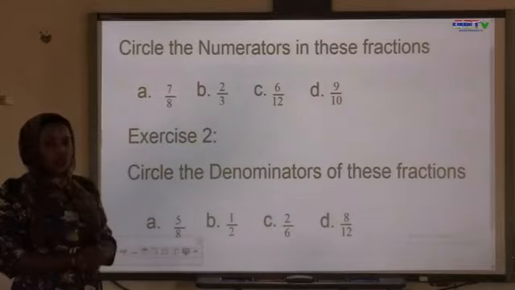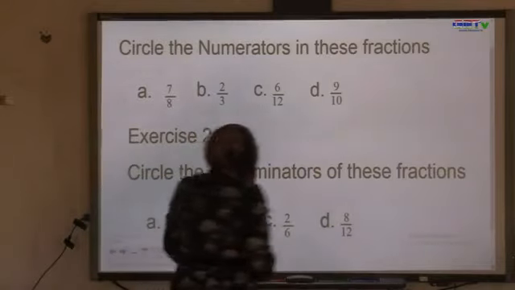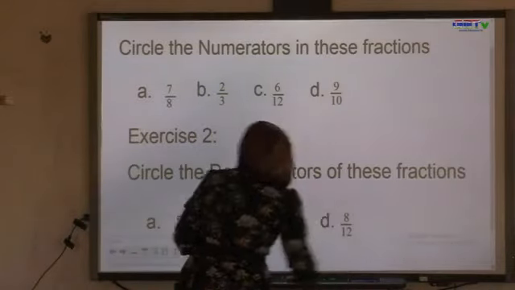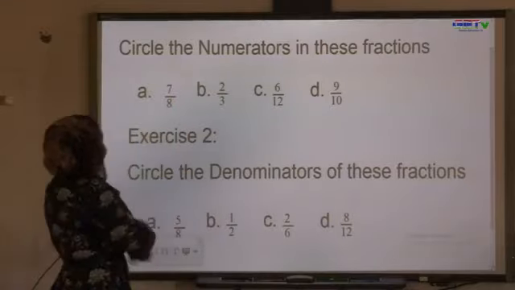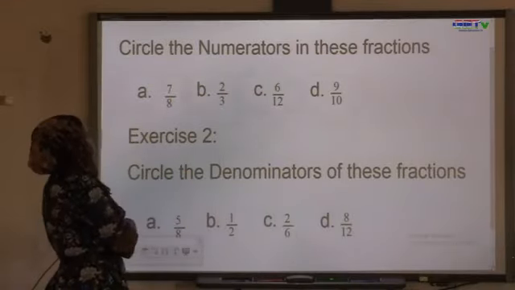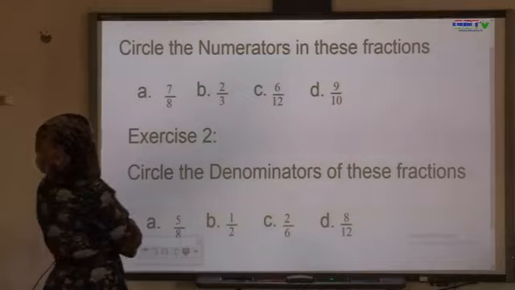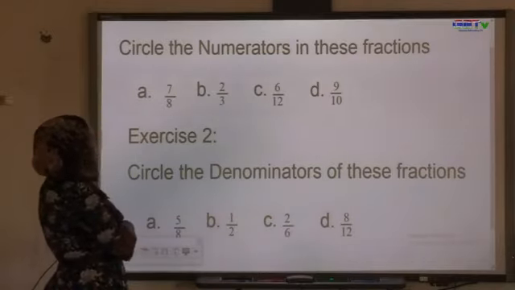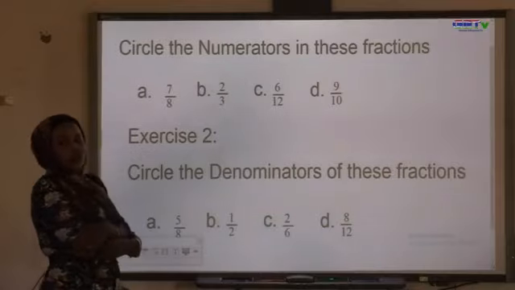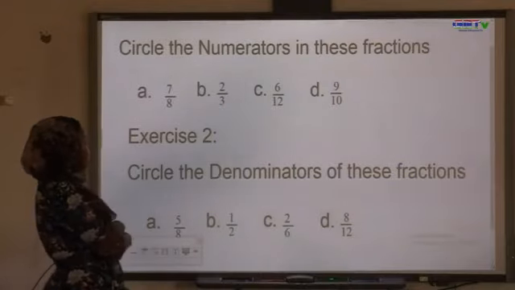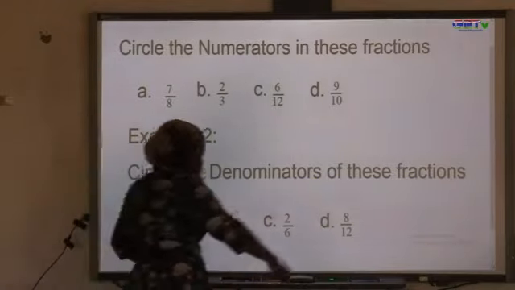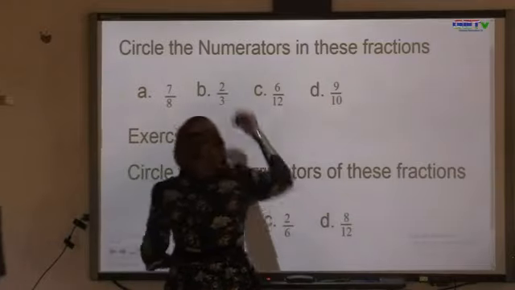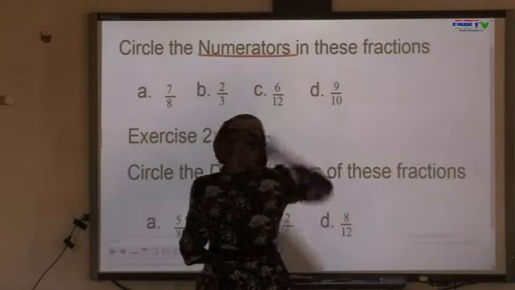Okay, I assume you are ready. So let's start with A. A is 7 over 8. And we are asked to do what? To circle the numerators.